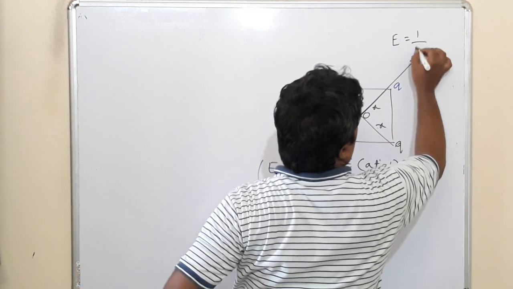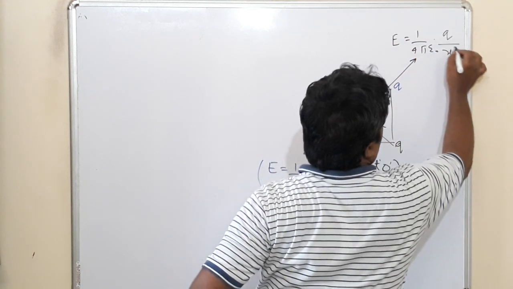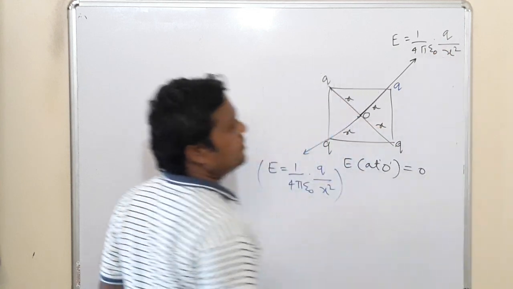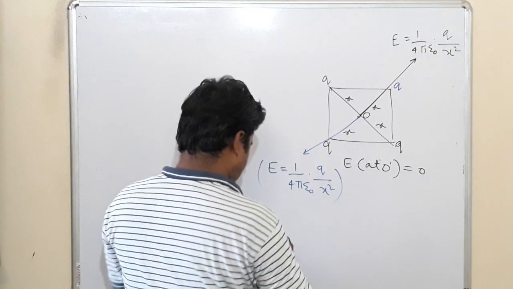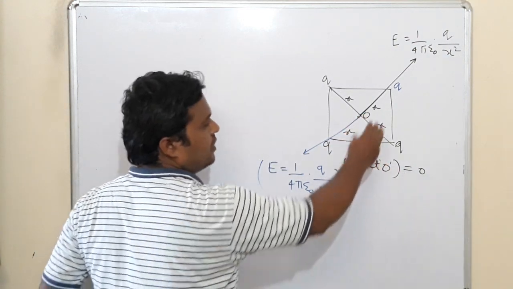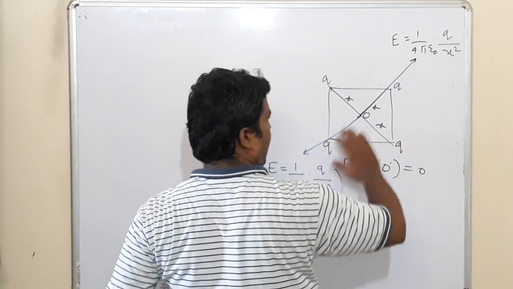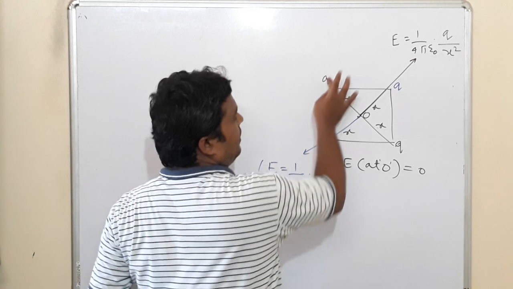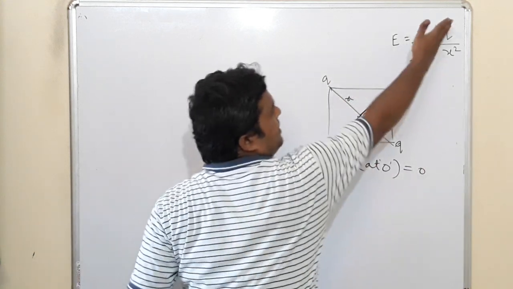This is equal to 1 by 4 pi epsilon naught q by x square, because the electric field at O should become 0. To cancel the effect of this electric field, all these three charges will make an electric field equal to this and opposite to this.